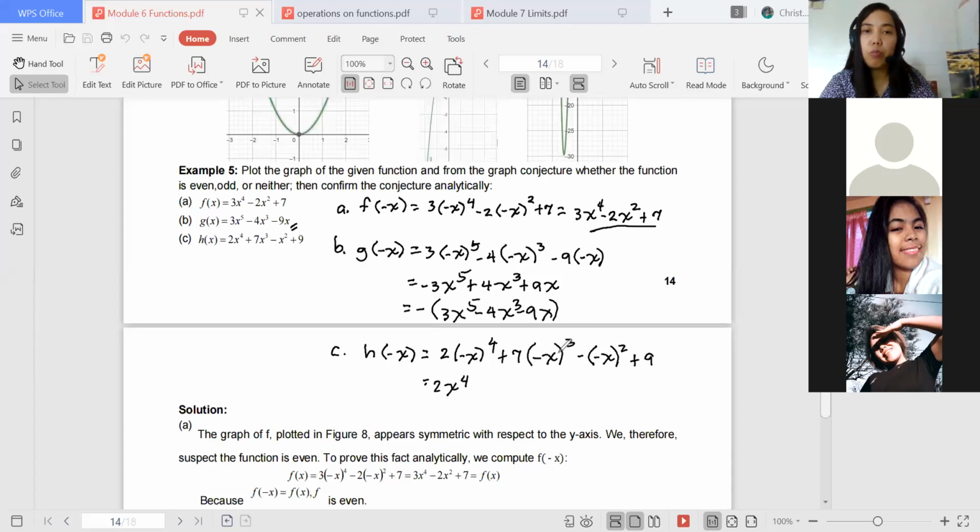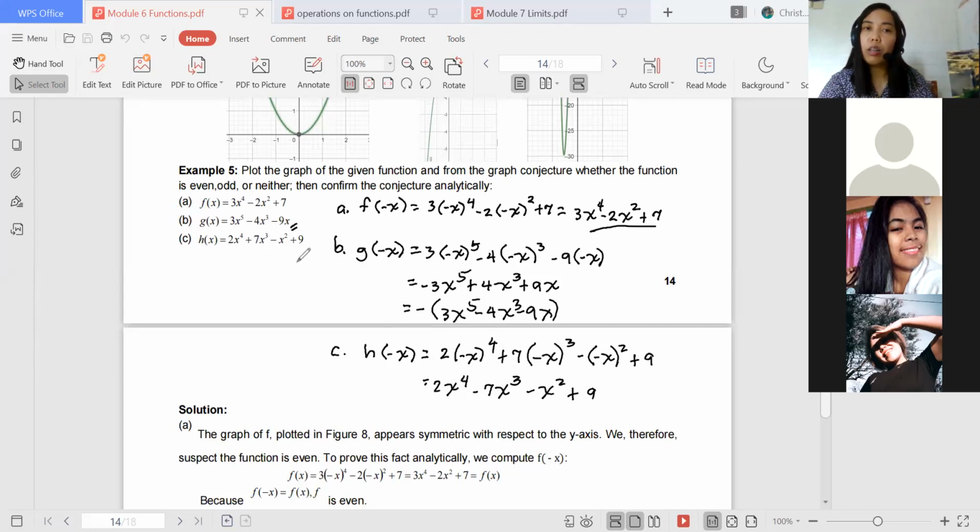Negative x cubed times 7 is negative 7x cubed. This is positive x squared, times negative x squared plus 9. Okay, 2x to the 4th minus 7x cubed, magkaiba, minus x squared plus 9.